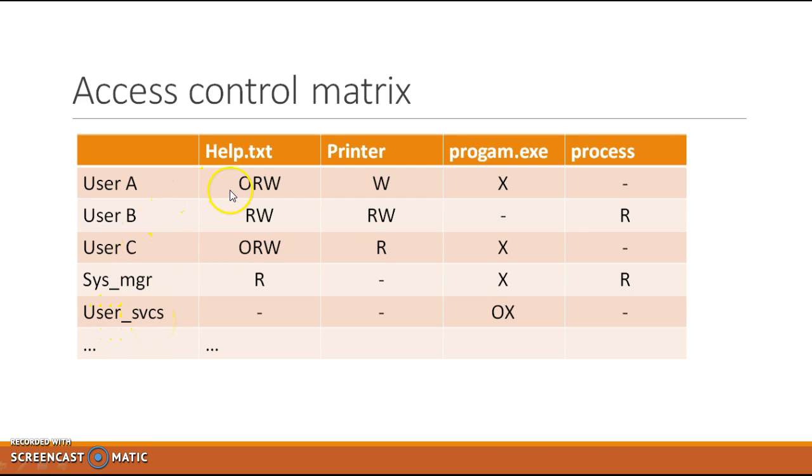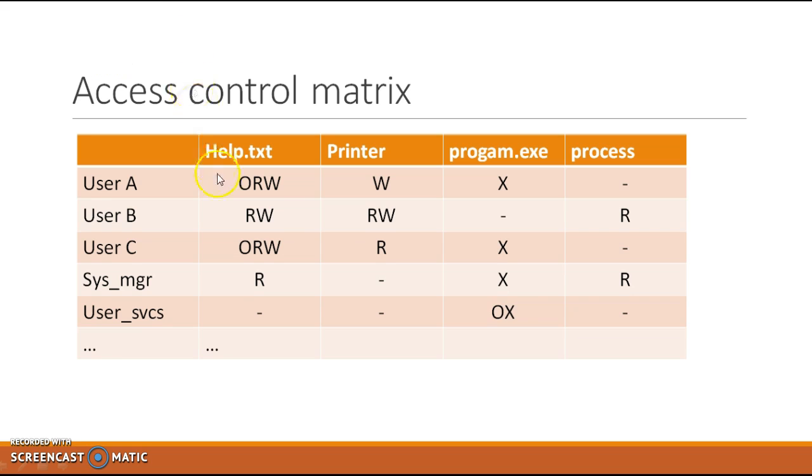Now we can see for user A, with respect to the help.txt file, this is the object, this is the subject, and these are the different rights. So user A has ownership, a read right, and a write right as well.